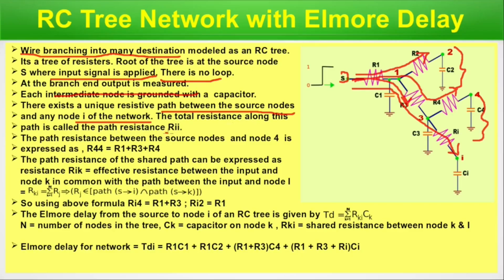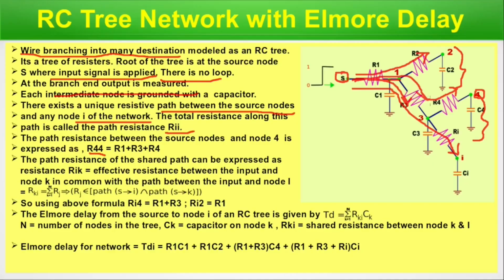The path resistance between the source node and node 4 is expressed as R4. So this is node 4. What would be the path resistance? When a signal travels from the source node to node 4, it travels through R1, R3 and R4.